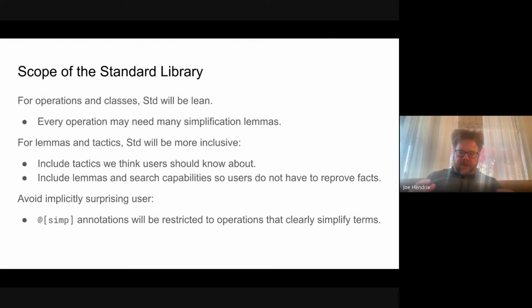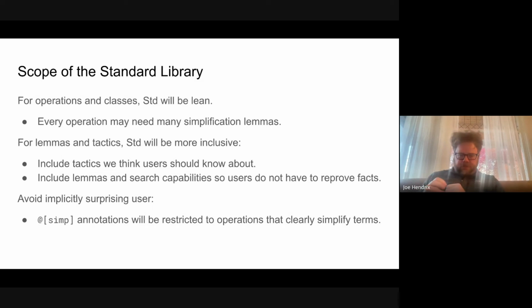So in terms of what you should expect to find in the standard library for operations, data types and classes, we want standard to be fairly small. That's because every operation needs many simplification lemmas. Adding an operation to standard, when you consider all the different things we want, documentation, testing, performance, lemmas, is quite a bit of work.